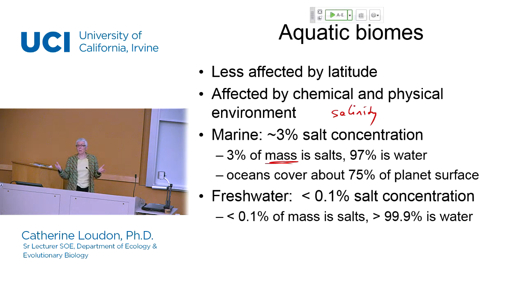So there's much more ocean in the southern hemisphere in terms of square area than in the northern hemisphere. When we talk about fresh water, there is some salt, but much, much less, usually on the order of less than 0.1%. So more than 99.9% of the total mass is water.